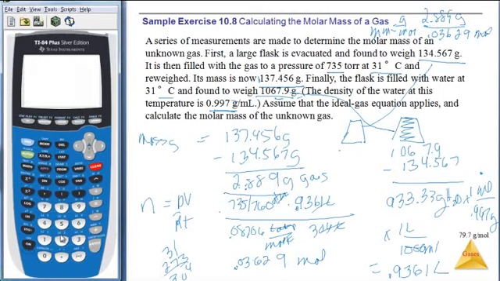I'm going to get 2.889 divided by 0.03629 equals 79.7 grams per mole. Looks like that agrees with the answer.